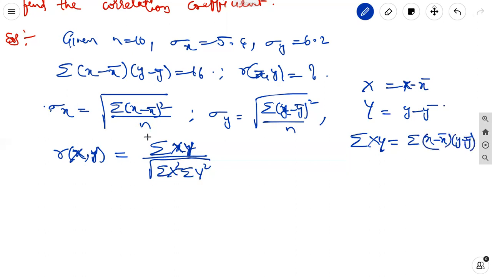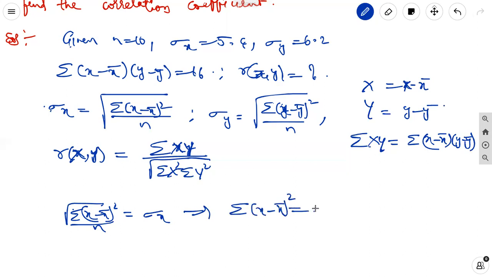Here, from this, under root of summation of (x minus x bar) whole square by n is equal to sigma x. Squaring on both sides, summation of (x minus x bar) whole square is equal to n sigma x square.